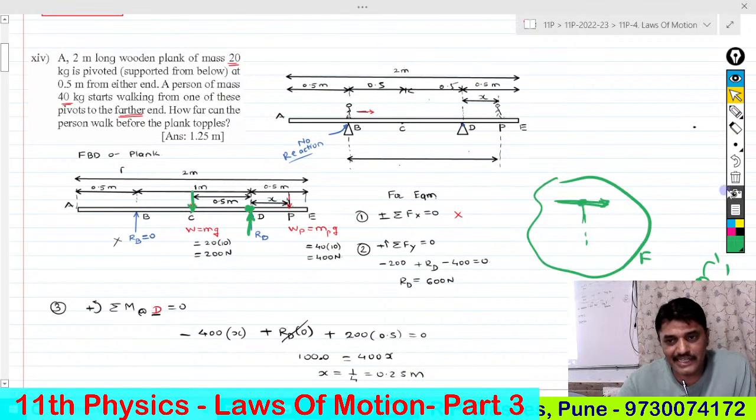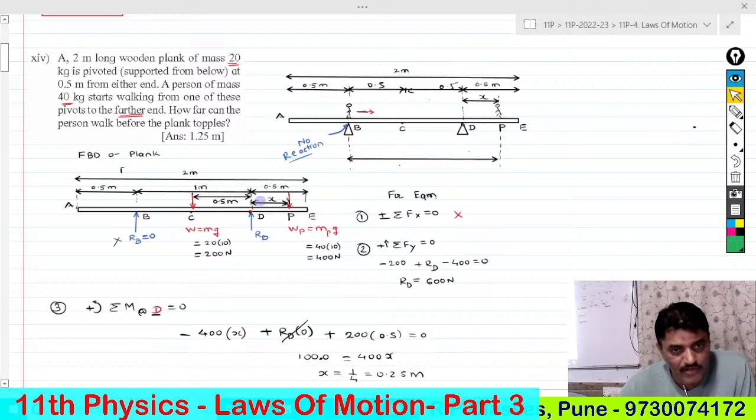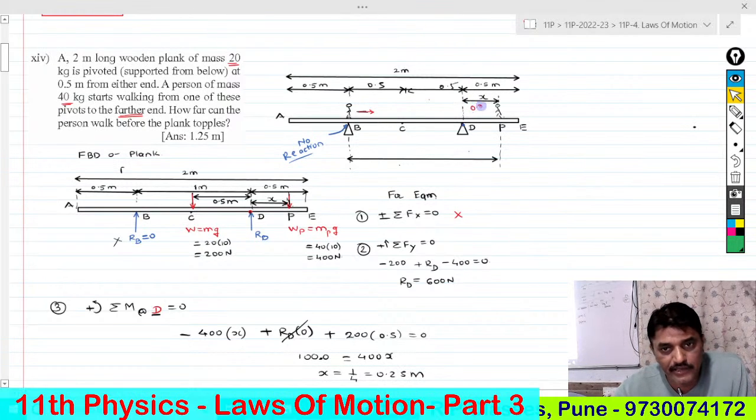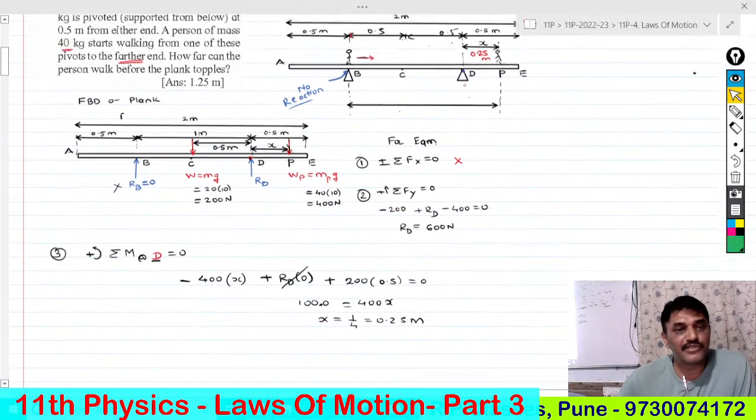Now this x that we have denoted here, ये वाला x, that is 0.25, but the person has started walking from this point now. This x I have found out to be 0.25 meter. So I want it to find out from this end. So it is actually 0.5 plus 0.5 plus x. That is the distance that person has walked.